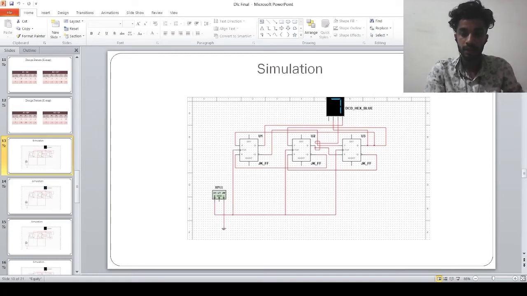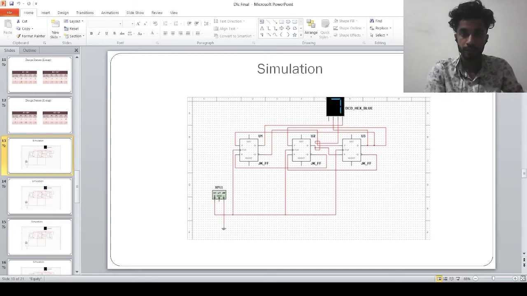Here Q0 is connected with the DCD hex blue counter, and J1 comes from Q2 and K1 comes from Q2 bar. J2 is connected with Q0 bar and K2 connected with Q1 bar.